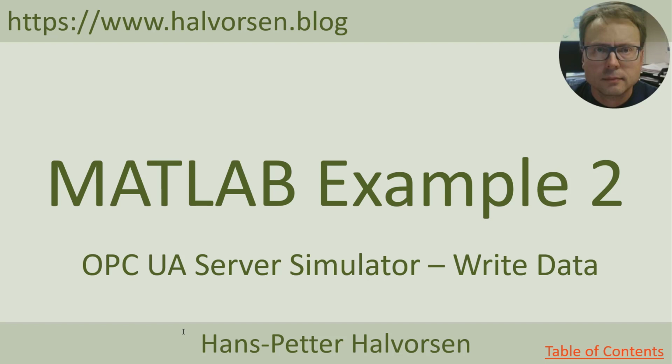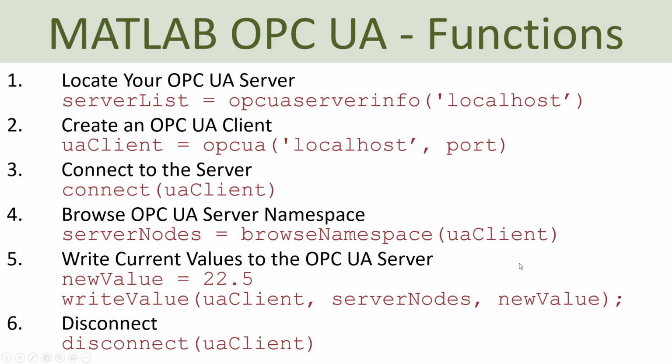So far we have shown how we can read values from this OPC UA Server Simulator using the Matlab programming environment. Now we are going to write data. So here you see the Matlab script for doing that. It's almost identical.